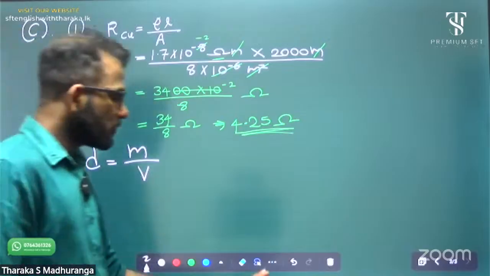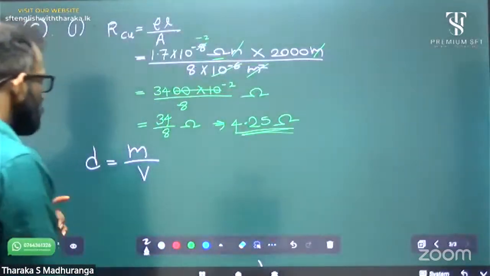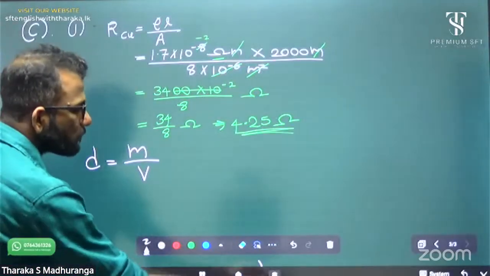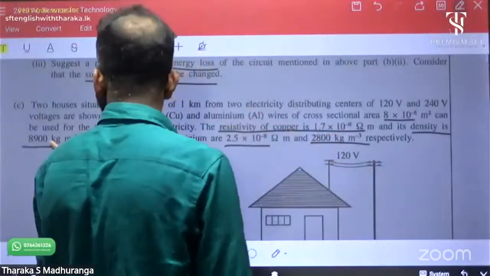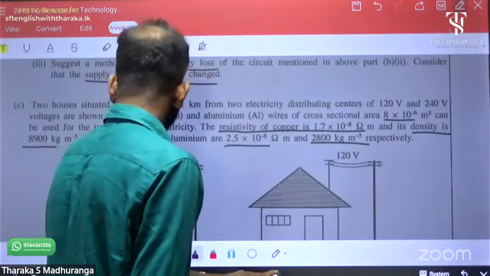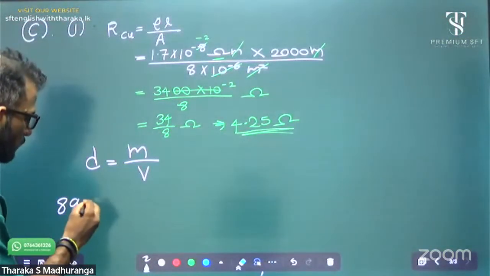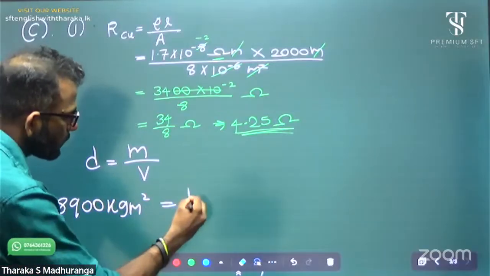How about the density? The density of copper is given. What is the value? The density of copper is 8,900 kg per cubic meter. Mass over volume.